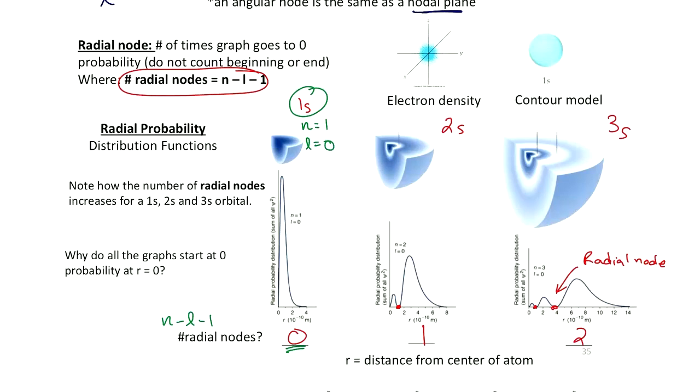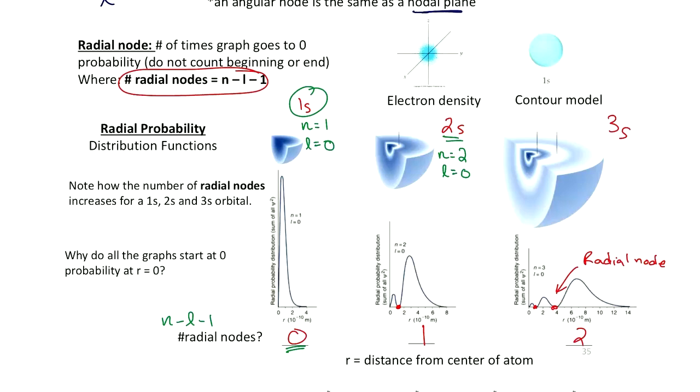So we can do the same thing for a 2s orbital. The only difference is that n is now 2, L is still 0. Does this equation correctly predict the number of radial nodes? Yes, because 2 minus 0 minus 1 is 1. So a 2s orbital will have 1 radial node in its probability function.